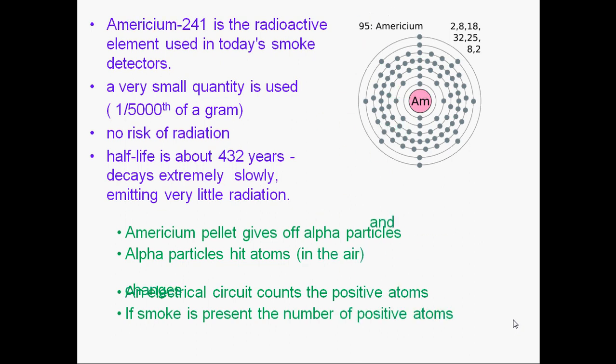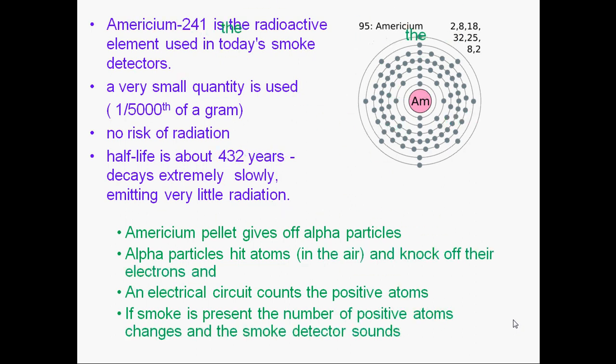But this ends up being useful because the alpha particles emitted by our americium-241 run into the atoms in the air and create positively charged ions. Our smoke detector counts how many positively charged ions we have in here. If it's just air that our alpha particles are running into, that number is very consistent.